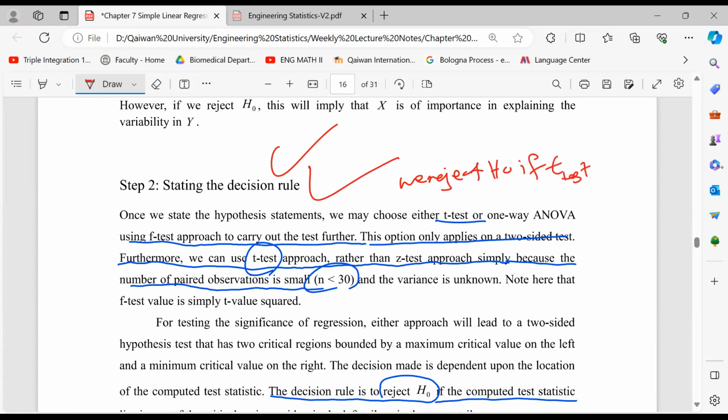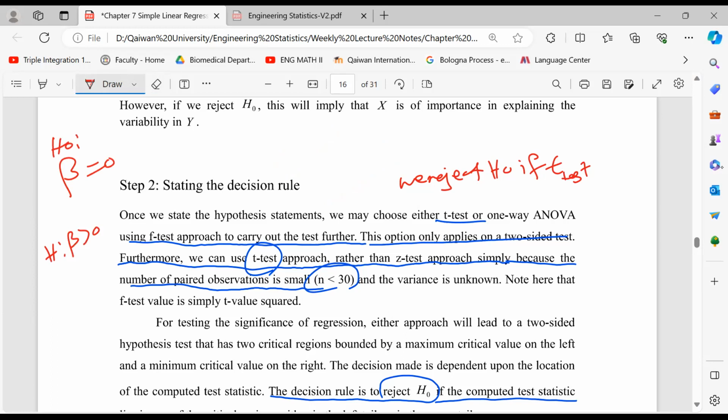It's for the case if beta equals 0, that's for H naught, and H1 states that beta is bigger than 0.